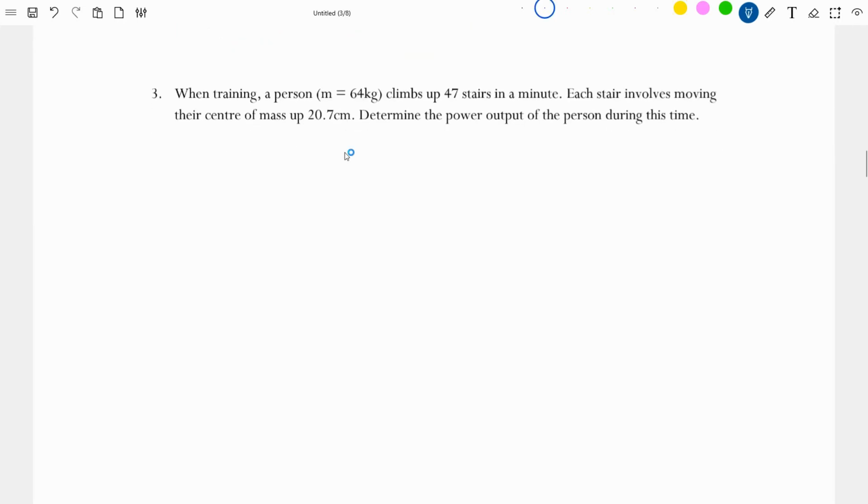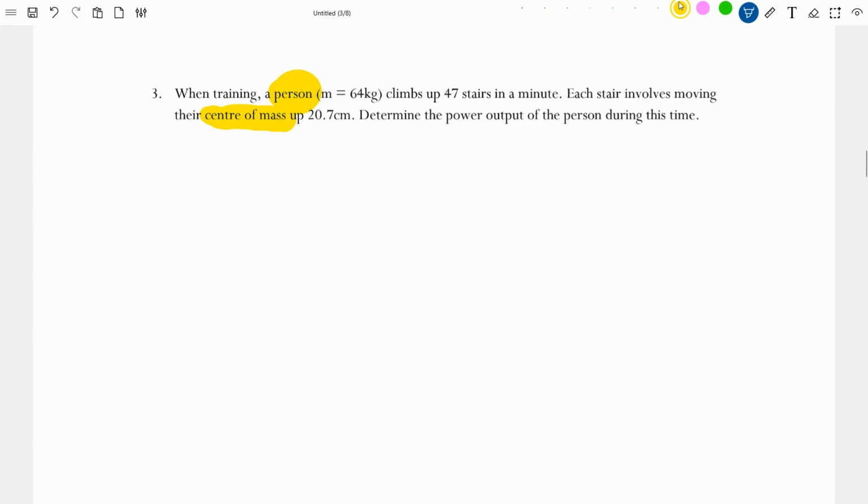Number 3. Okay, so when training, a person that has a mass of 64 kilograms climbs up 47 stairs in a time of 1 minute. Each stair involves moving their center of mass. Center of mass is something that I don't think that we've used that term before. So I'm going to say that an understanding of it for this question is not needed, but just to be formal about it, your person here is a complicated shaped object, right?